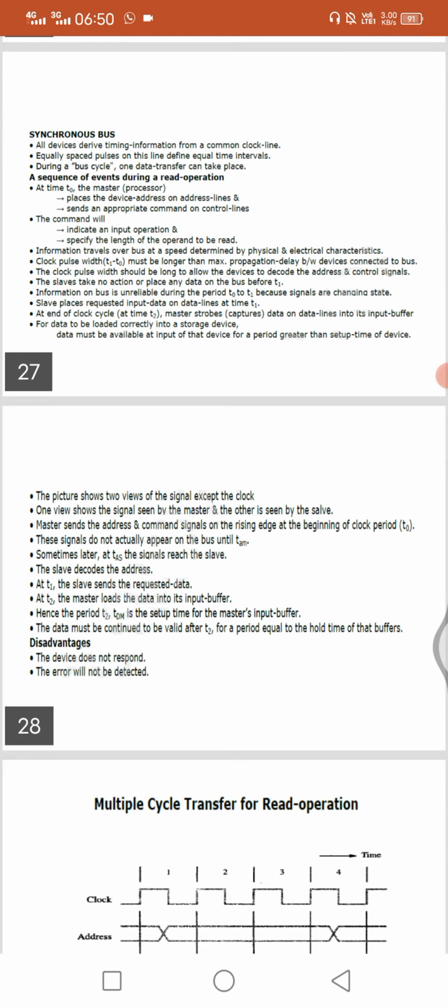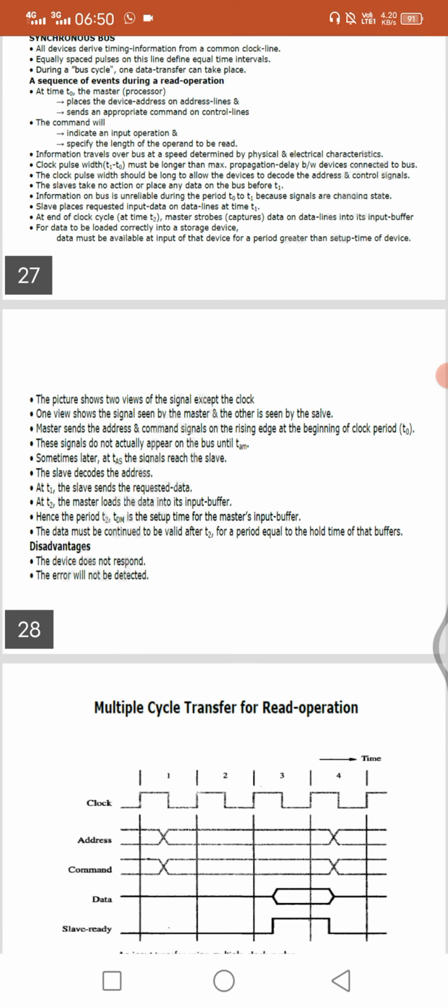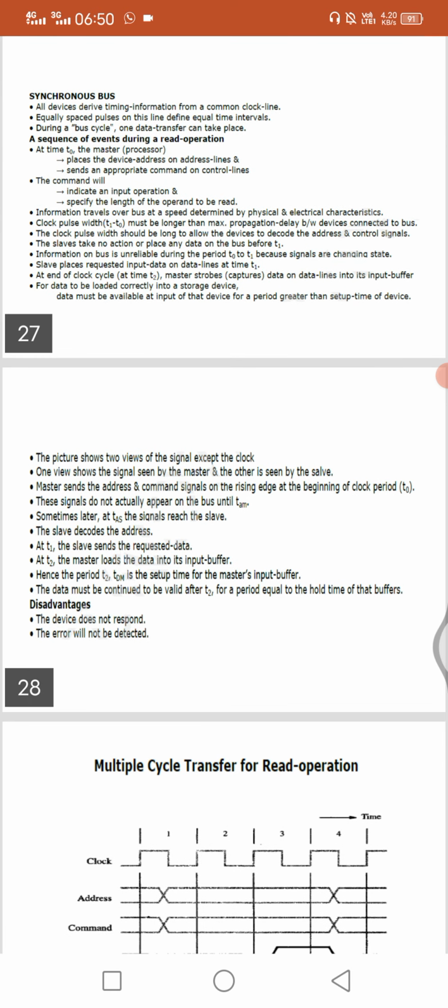So whatever command we specify on the control line indicates the input operation and the length of the operand to be read.